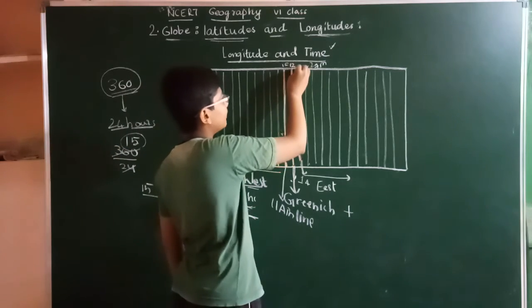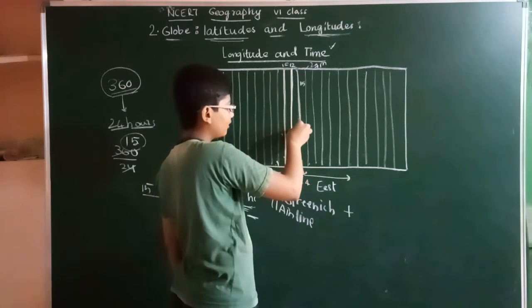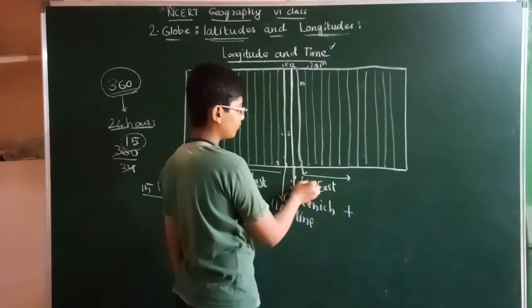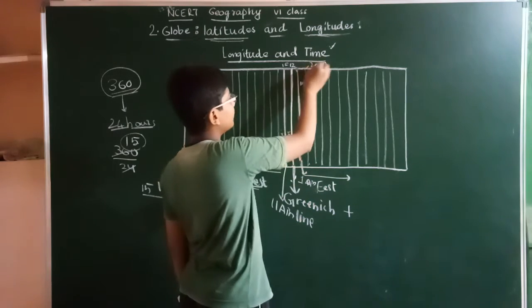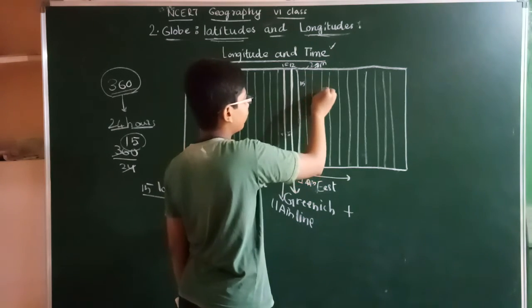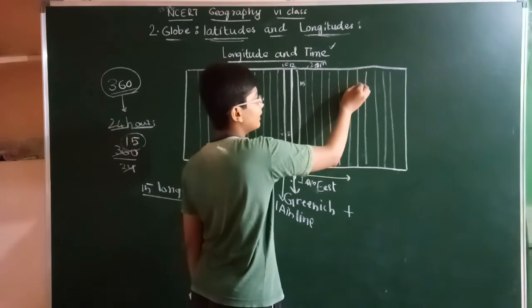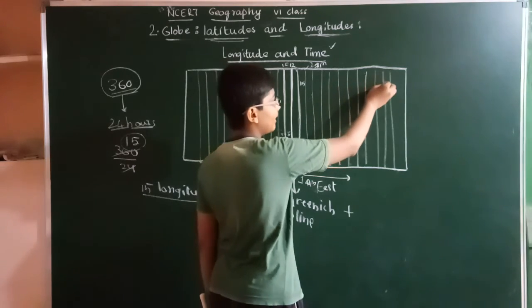On the east side you add 1 hour each time: 1 p.m., 2 p.m., 3 p.m., 4 p.m., 5 p.m., 6 p.m., 7 p.m., 8 p.m., 9 p.m., 10 p.m., 11 p.m., and 12 p.m.